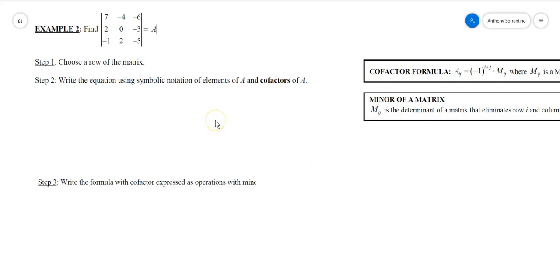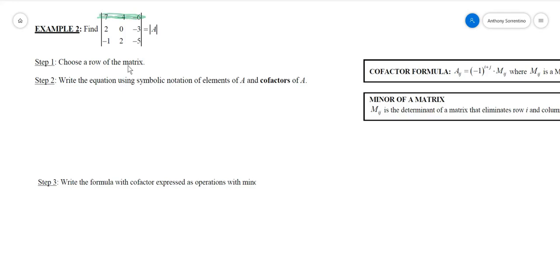The procedure of finding the determinant of a bigger dimensioned matrix is a little bit more involved. What I have to do first is choose a row of the matrix. So for my situation here, I'm going to choose this top row here.